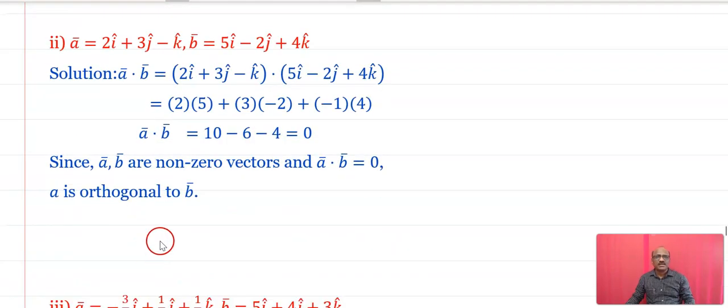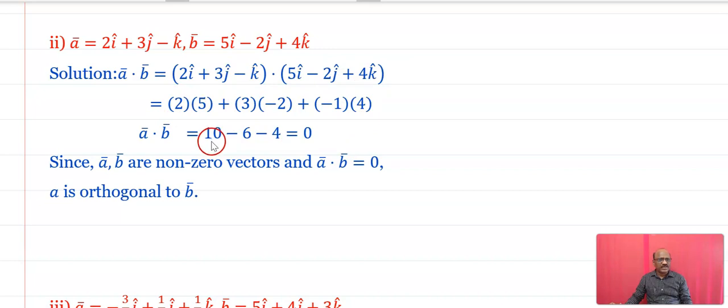Next, a bar is equal to 2i cap plus 3j cap minus k cap, and b bar is equal to 5i cap minus 2j cap plus 4k cap. What is a bar dot b bar? In the first bracket 2i cap plus 3j cap minus k cap dot, in the second bracket 5i cap minus 2j cap plus 4k cap, and their dot product is 2 into 5 plus 3 into minus 2 plus minus 1 into 4.